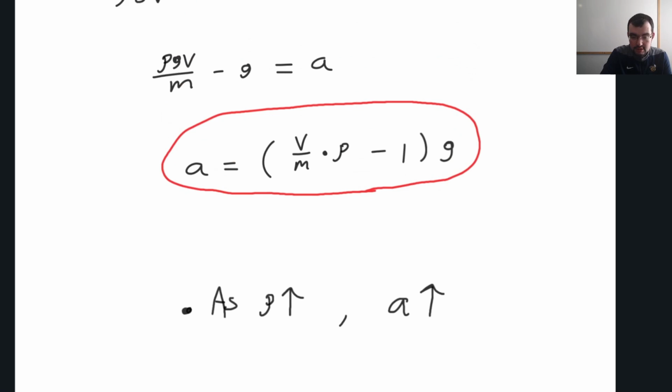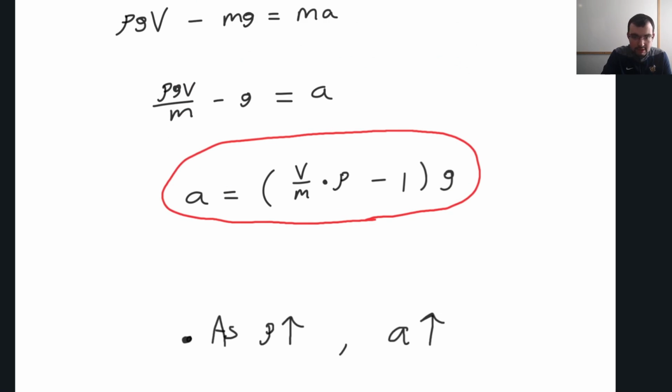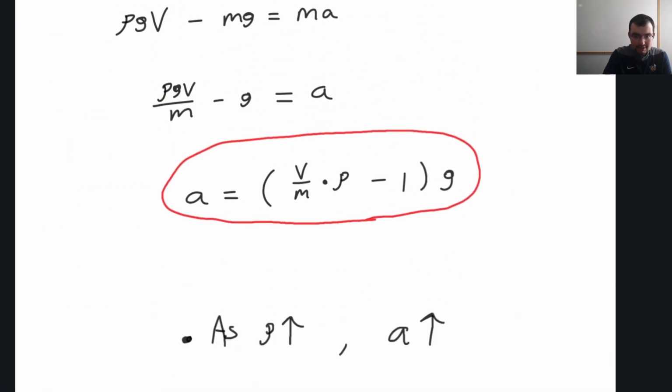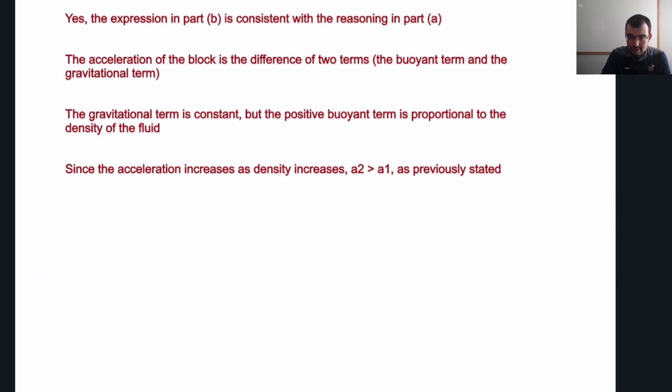So that's consistent, because we said that the more dense fluid should result in a higher acceleration. So yes, they're consistent. The acceleration of the block is the difference between the two terms, the buoyant term and the gravitational term. The gravitational term is constant, but the positive buoyant term is proportional to density. So since acceleration increases as density increases, it's consistent, because we said that a2 would be bigger than a1.